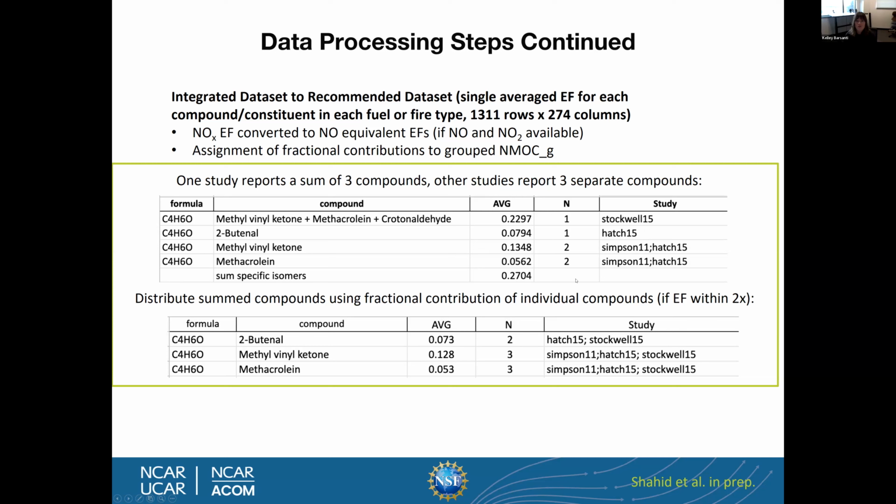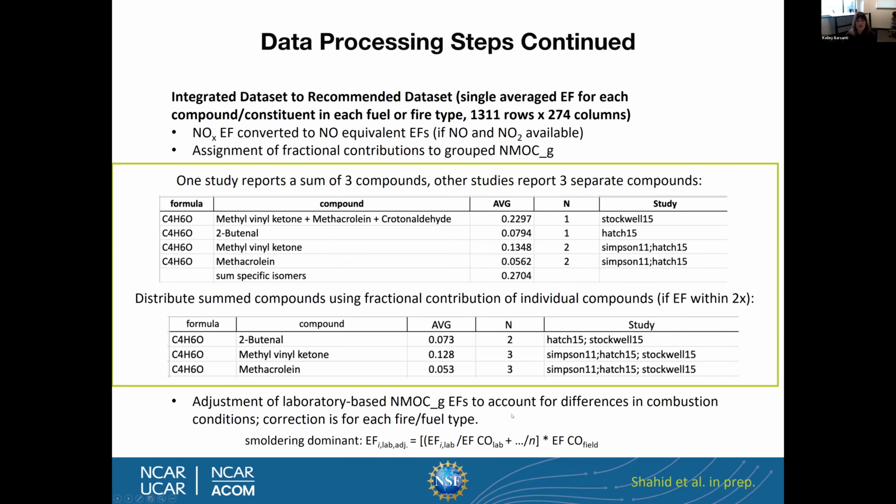And what we do is, if the sum of these individual compounds is within a factor of 2 of this total, we use the relative distribution of these individual compounds, and we assign a fractional contribution. So now, again, we have 3 individual compounds, easier to deal with in a chemical sense, and we've increased the N. Okay, so that was what we did there.